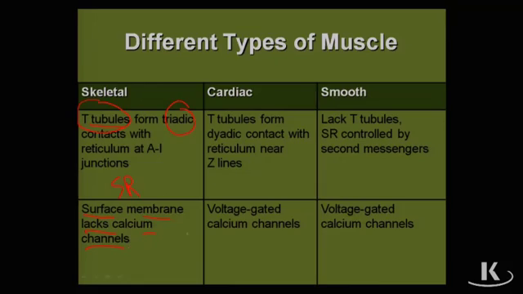You have a sarcoplasmic reticulum inside the sarcomere, so you don't need to take calcium in from the outside. You're using the calcium within your sarcoplasmic reticulum. So you don't need the surface membrane calcium channels because the calcium is contained and recycled within the muscle.